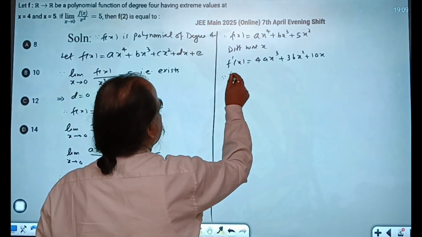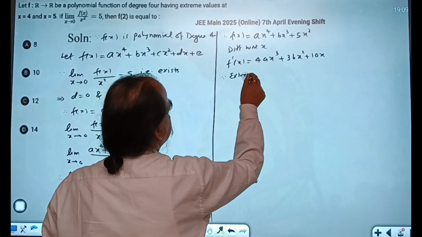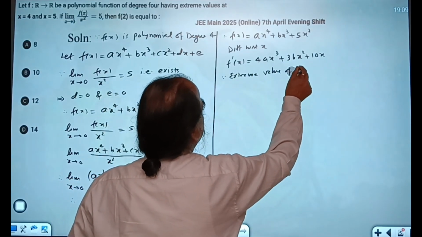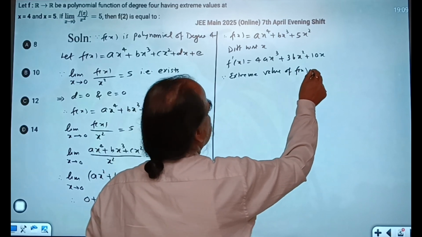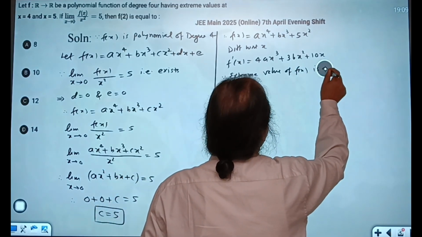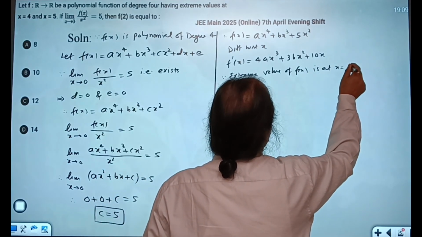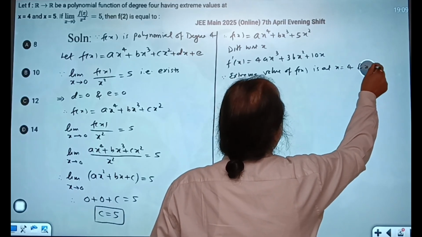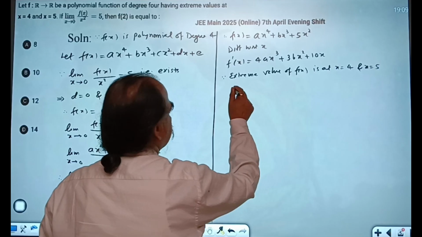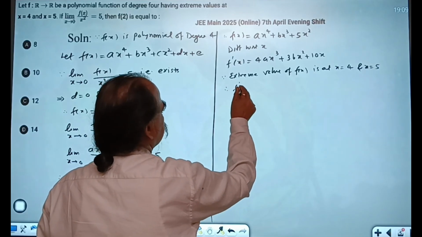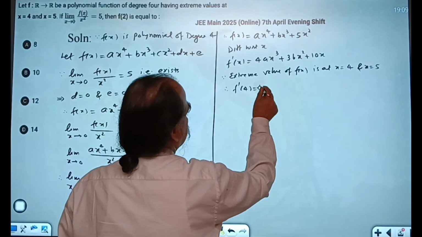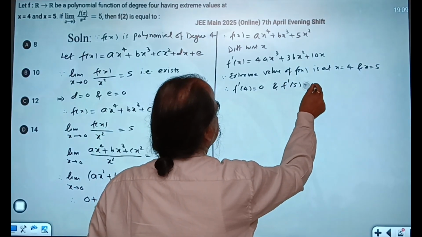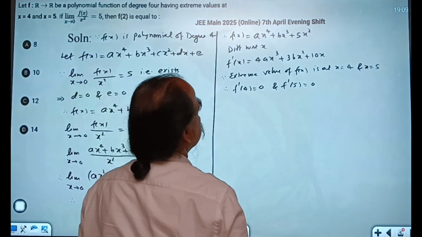Since the extreme values of f(x) are at x is equal to 4 and x is equal to 5, therefore f dash 4 is 0 and f dash 5 is 0.